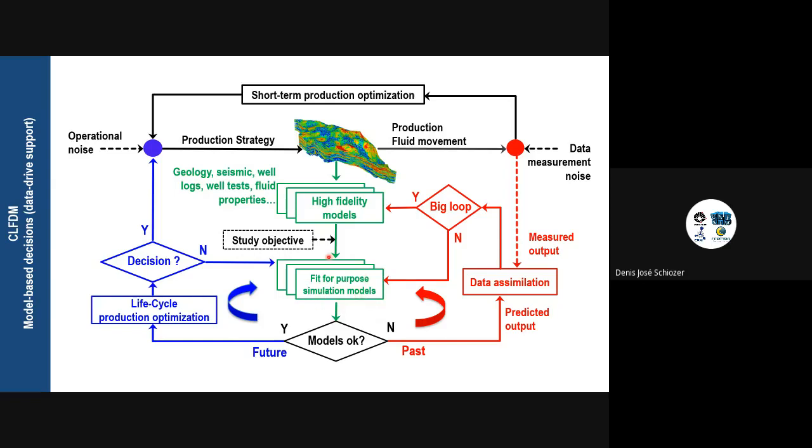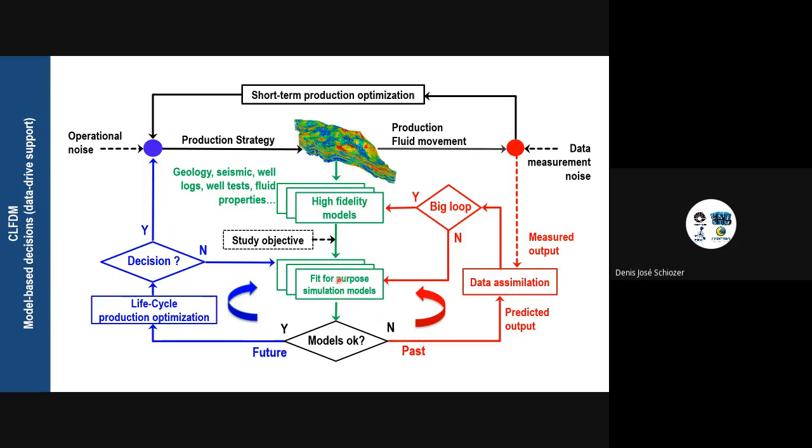We call this, as we're going to see in the course, in our group the medium fidelity models. The medium fidelity models are not as accurate as possible, but they are good to take the decisions to select the production strategy and to forecast production. So instead of running in days, they can run in hours or even less than an hour, and the decisions still can be good using these models.